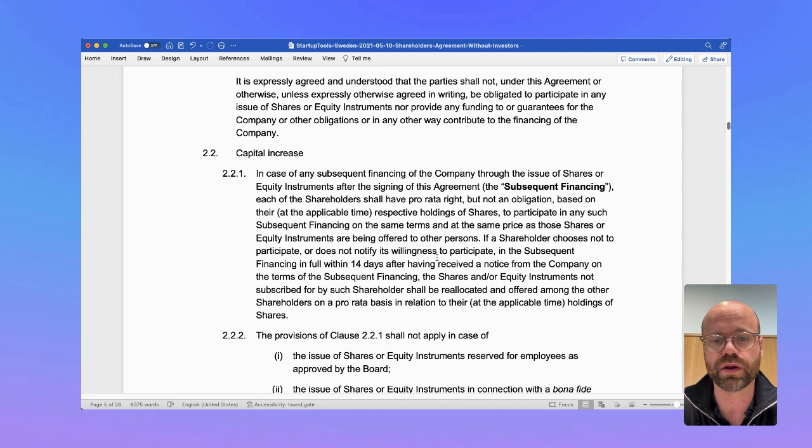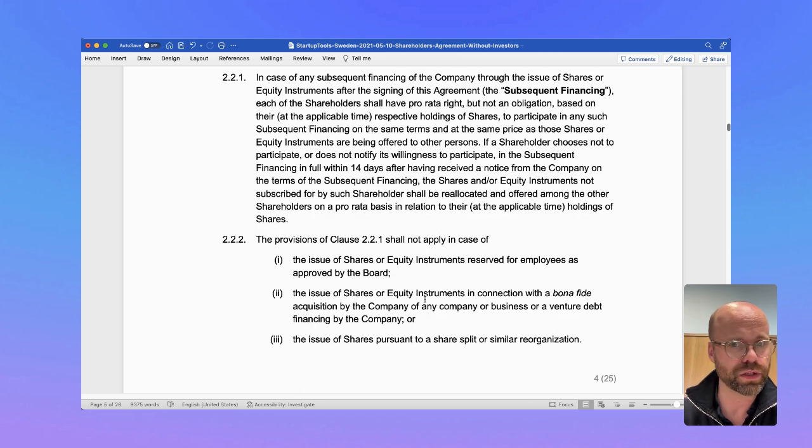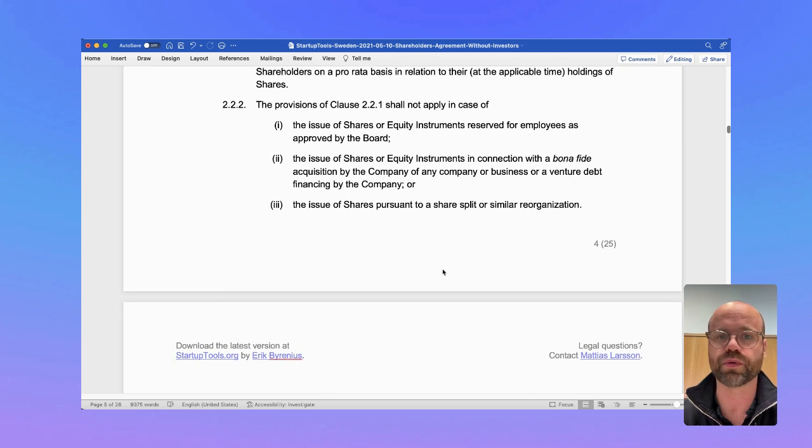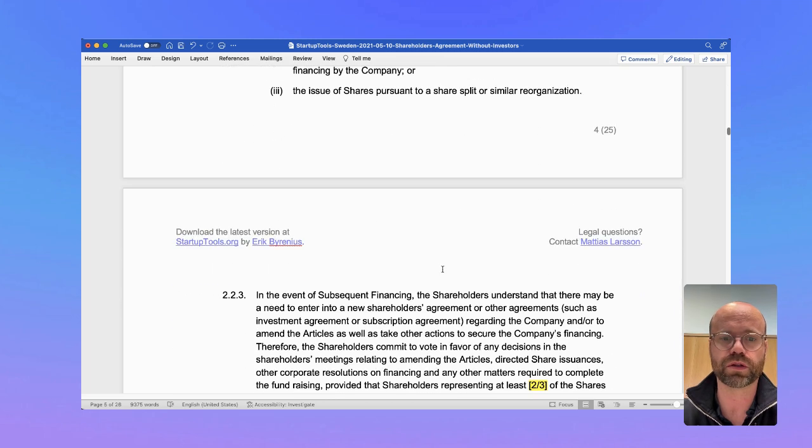So if we are bringing in new capital and you own 10%, you have the right to take 10% of that new investment round, even though you might not want that, and then you will be diluted, but you have the right, and that's stated here. And there are some exceptions to that, such as when you issue new shares for employees, etc. But that's the general clause.